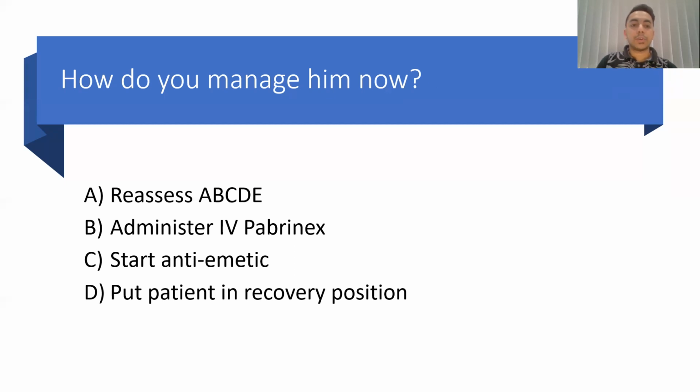So the answer to this question is all of the above. You want to reassess the ABCDE and then see if your vital signs have improved after all the treatment you've provided the patient so far. B, administer IV Pabrinex. C, start an antiemetic because the patient had vomited, and put the patient in the recovery position because you don't want the patient to choke on their own vomit if they were to vomit again.